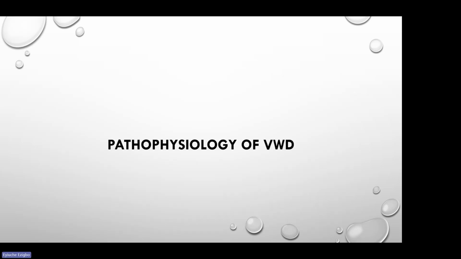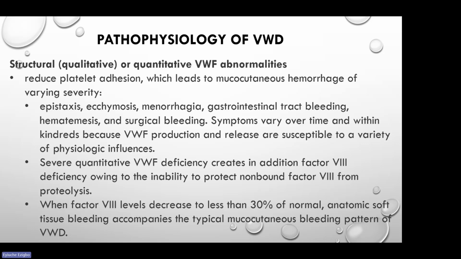So we are going to look at the pathophysiology of von Willebrand disease, which involves the von Willebrand factor gene. All these terminologies revolve around von Willebrand factor, what causes it, how it manifests, and all that.